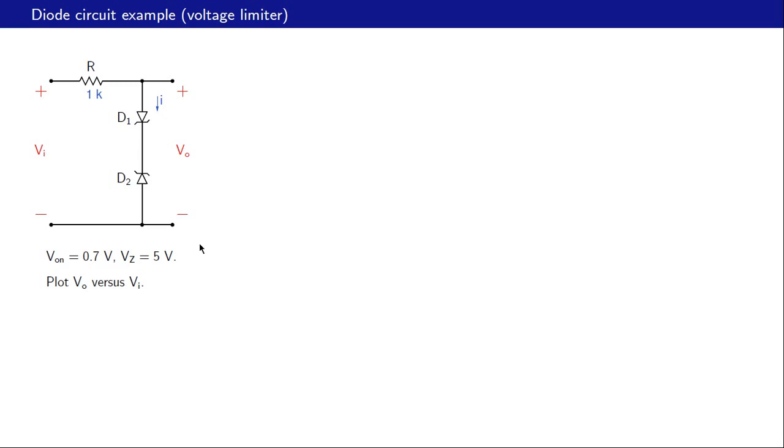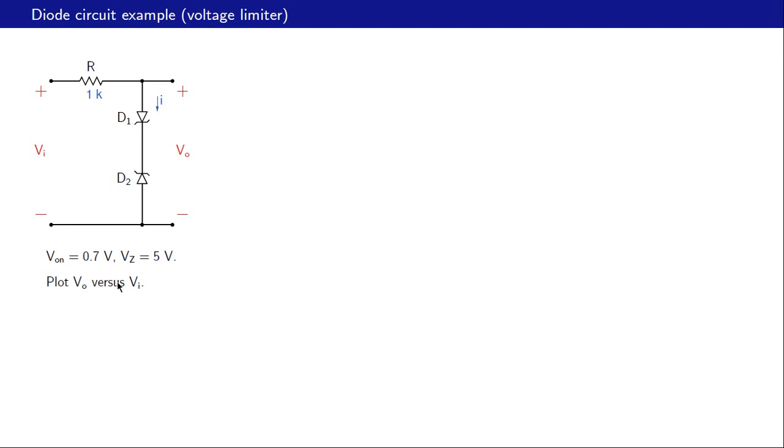Here is a circuit in which the Zener diode pair that we saw in the last slide has been used. This is the input voltage, that is the output voltage, and we want to plot VO as a function of VI, and then we will figure out what function this circuit is performing.